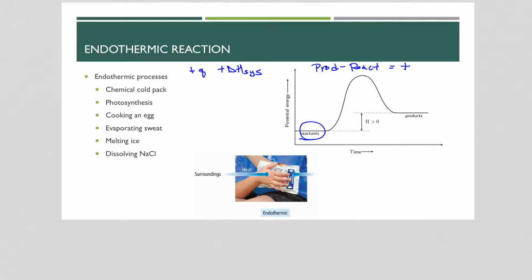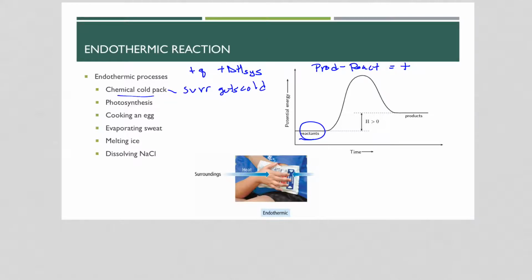So what are some examples here? Well, chemical cold pack. Now this one's sometimes tricky because we say, oh, it gets cold, but remember, the surroundings get cold. So the reaction that's actually occurring inside that chemical cold pack is absorbing heat from the surroundings in order to occur.